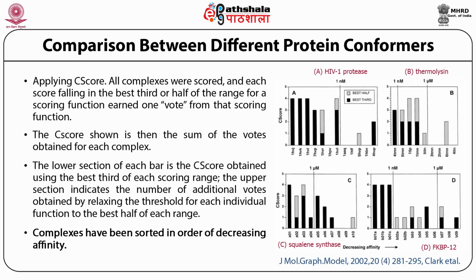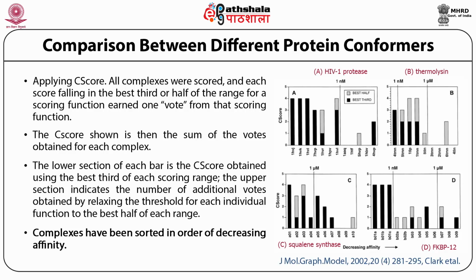I would just bring to your notice that in the case of HIV protease, if we score by two methods, best third and best half, then we see that most of those good or well-binding compounds in FKBP as well as in HIV protease are doing fairly well. However, they are not so good in thermolysin or in squalene synthase. So, as we have been sorting functions by decreasing affinity on the x-axis, these numbers show the crystal structures available in crystallography with different ligands, however the same enzyme.